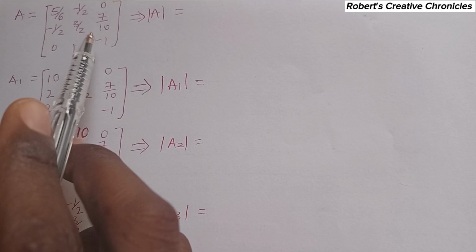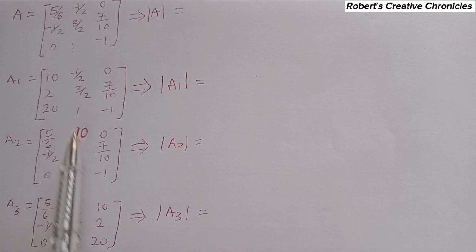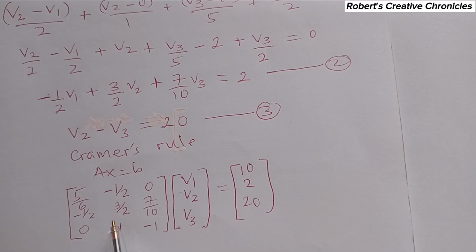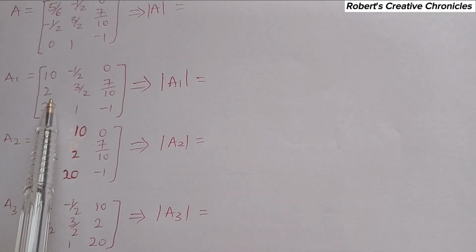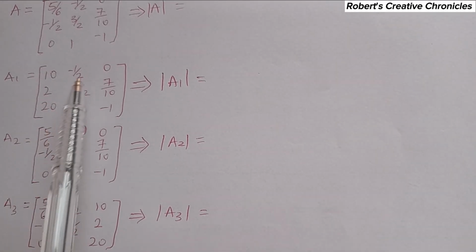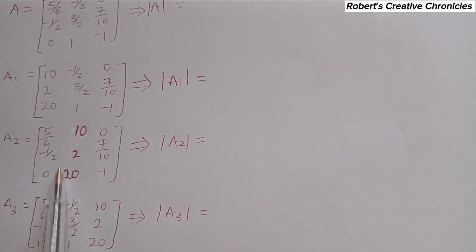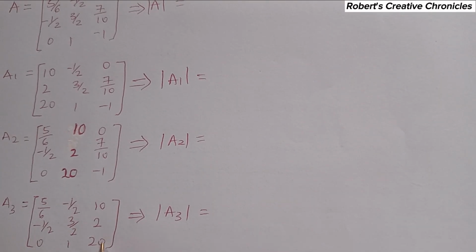So here are all the matrices that we need to find the determinants. A is the matrix of the coefficients, this one. Then A1, we have replaced the first column of A with this 10, 2, and 20, while maintaining the other ones. A2 is where we replace the second column, then A3 is the third column.